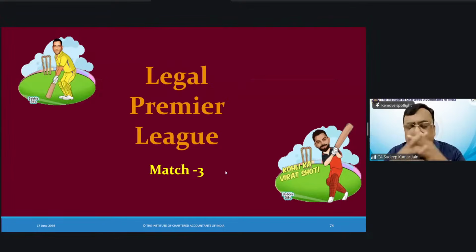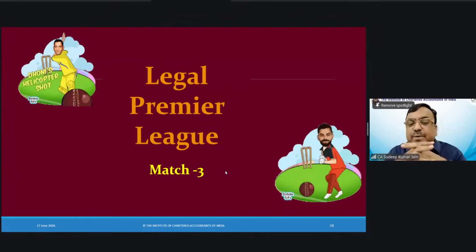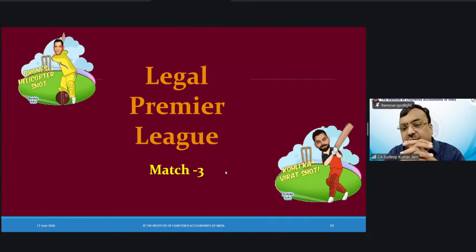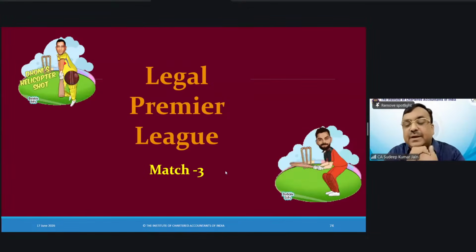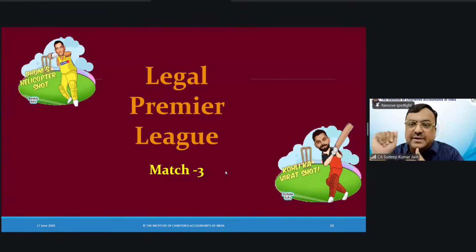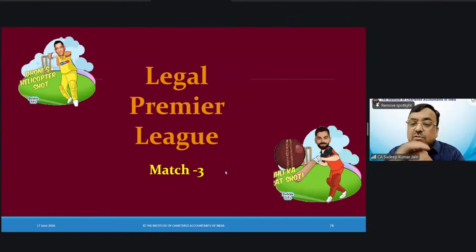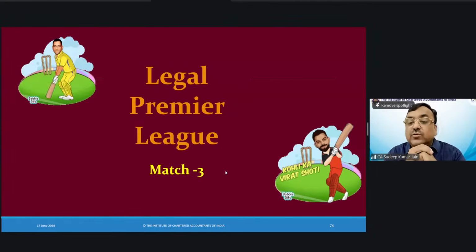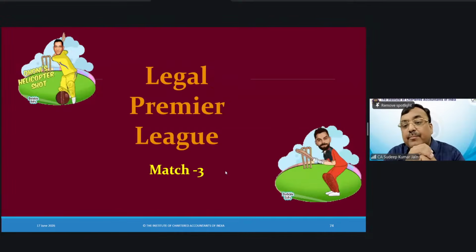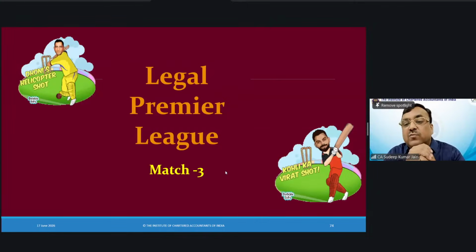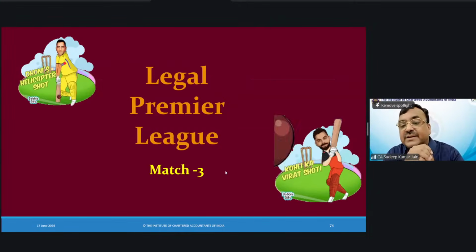Okay. Suppose A has purchased a scooter at gunpoint from B for rupees 500. So this contract is voidable due to coercion at the option of B. But before B takes the decision to avoid the contract, A has pledged the goods.